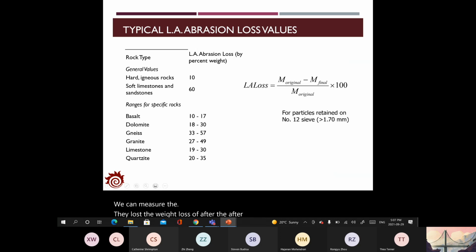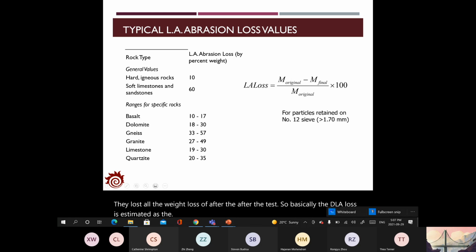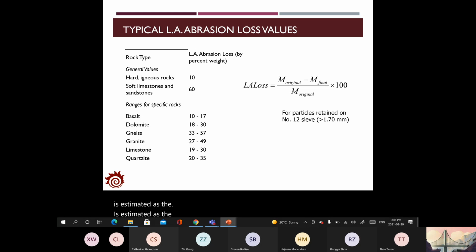So basically, the LA loss is estimated as the mass difference before and after the test.